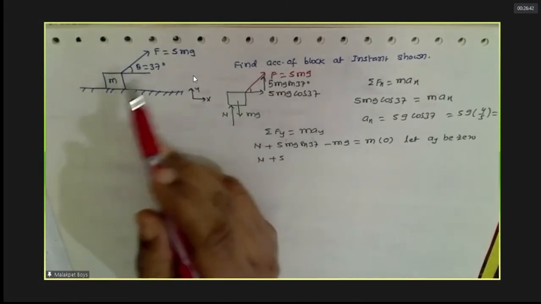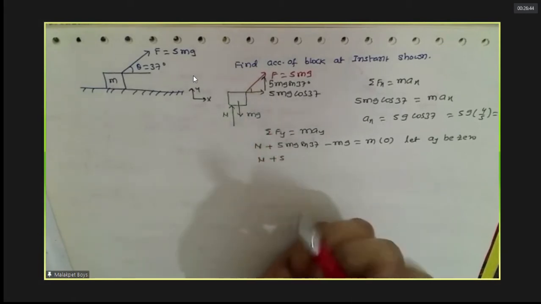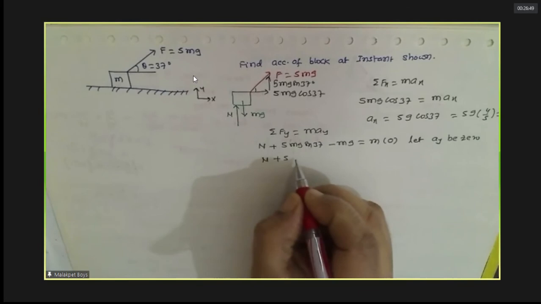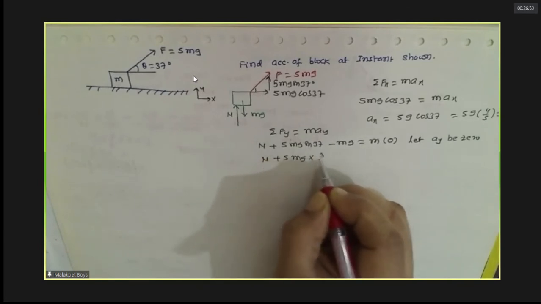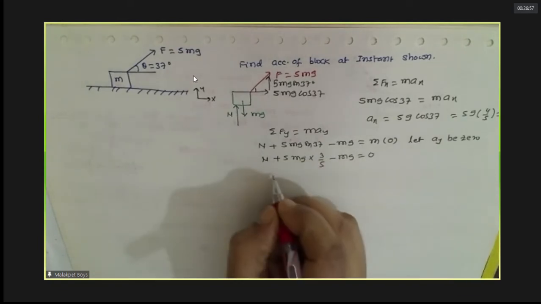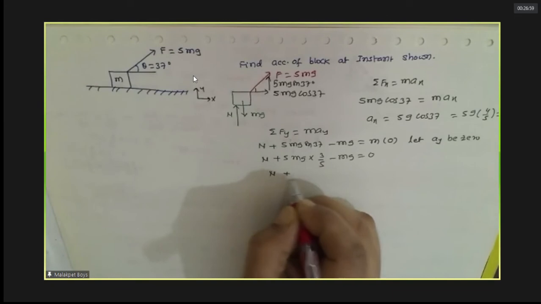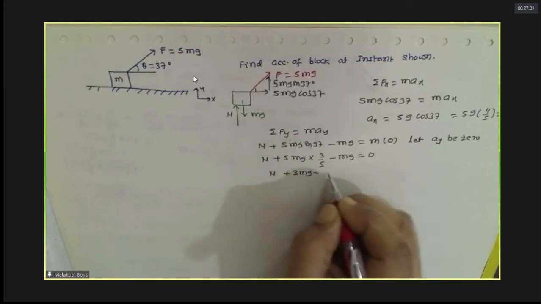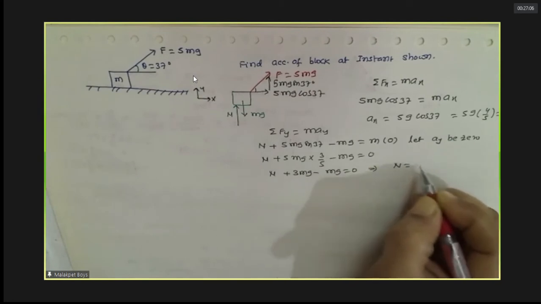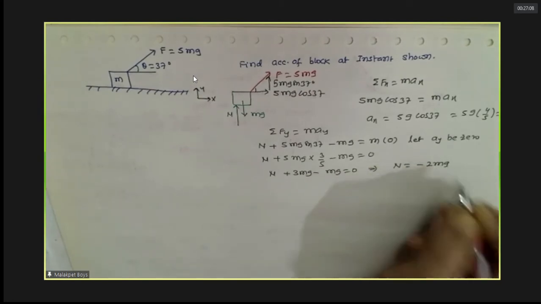Somebody is trying to lift it with a force, so first you have to check this. Let us assume it is not moving up. Whether it's true or not, we don't know. We will find out now. So here N plus 3mg minus mg is 0. This implies N equals minus 2mg.